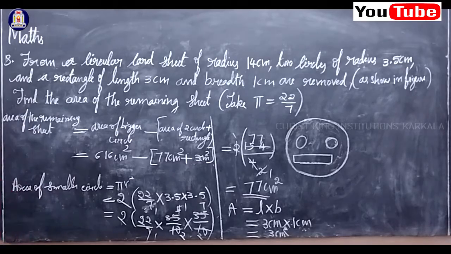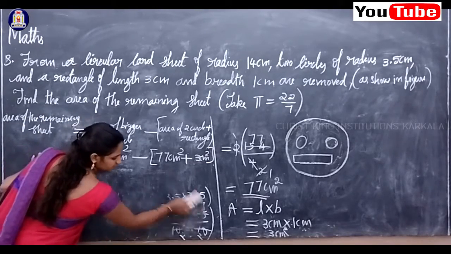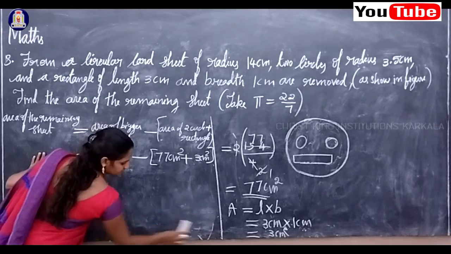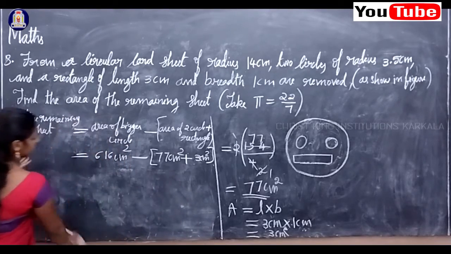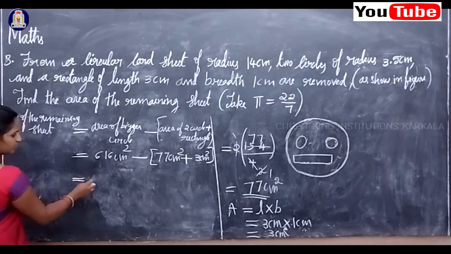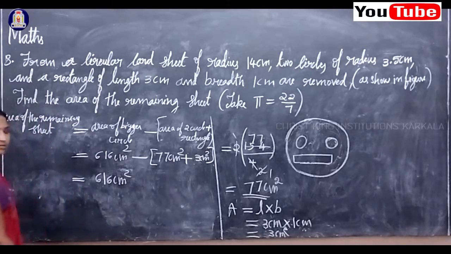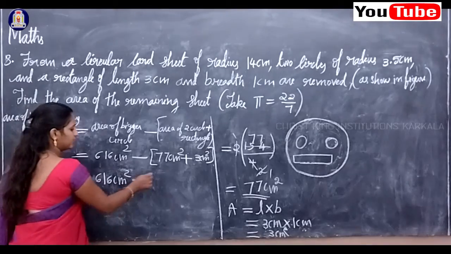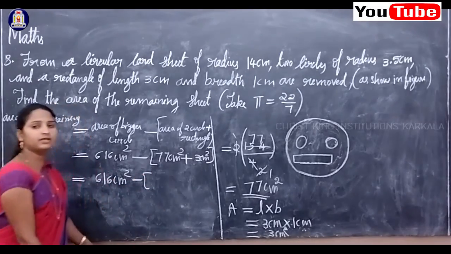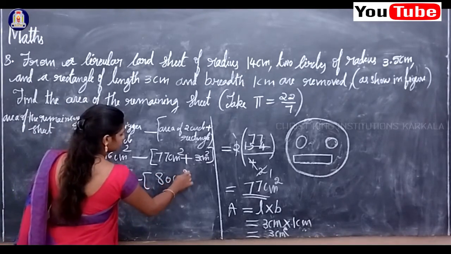So now if you add, 77 plus 3, that is 80 centimeters square.